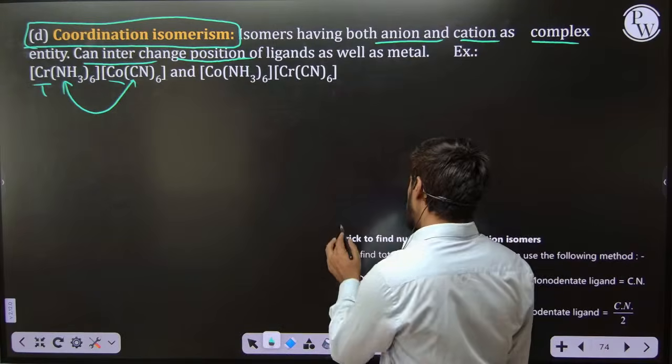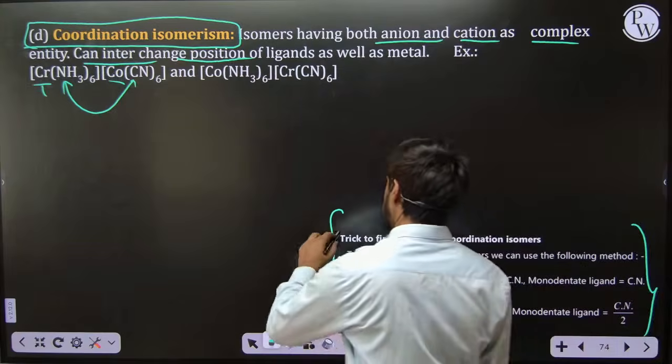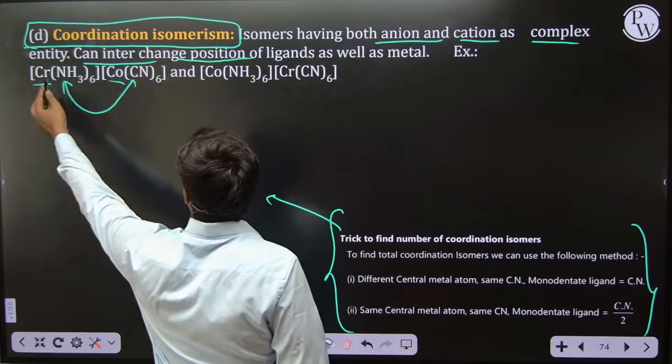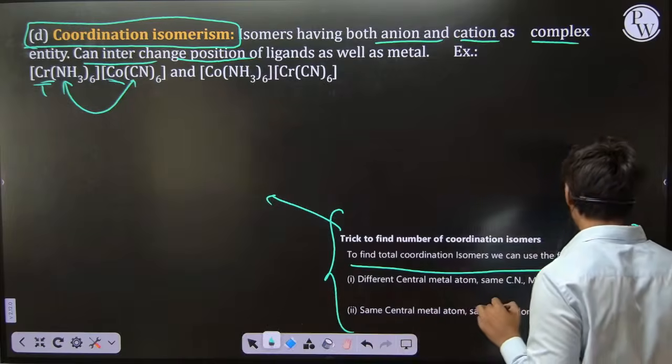To find the total number of coordination isomers, we can use a formula, just to remember. For example, one is given here. What is the condition to use this formula?